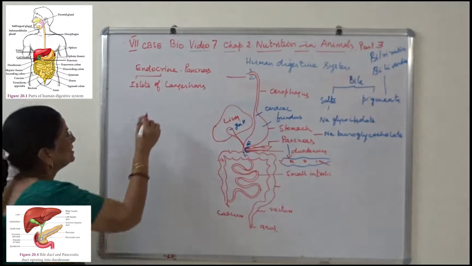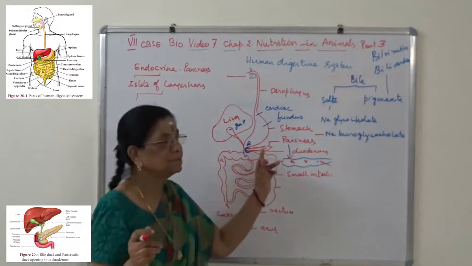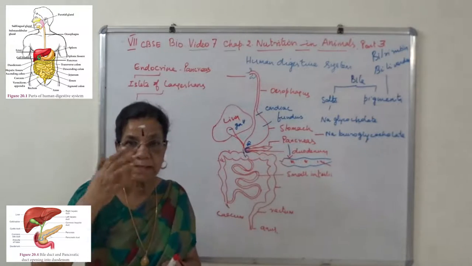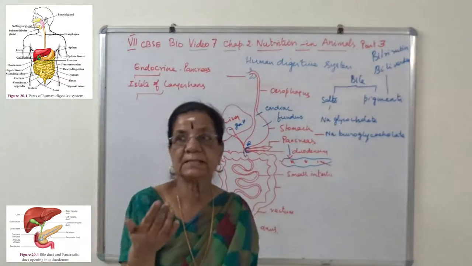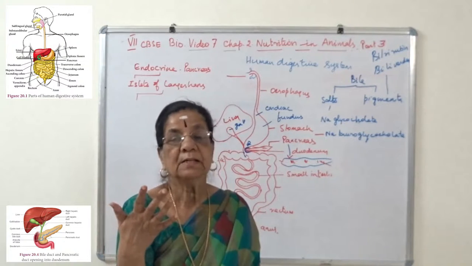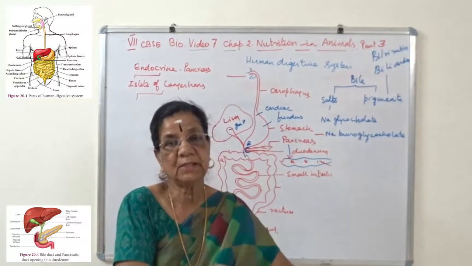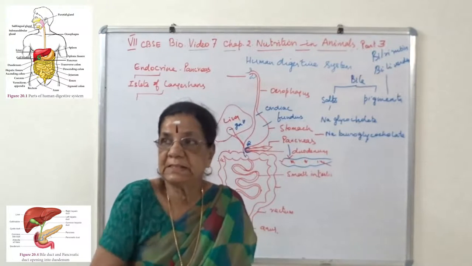Say this is the pancreas: at the anterior portion is the islets of Langerhans, and at the other surface is the enzymatic portion, where pancreatic juice will be secreted.